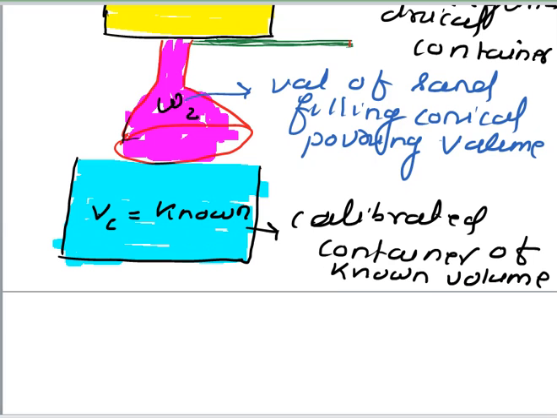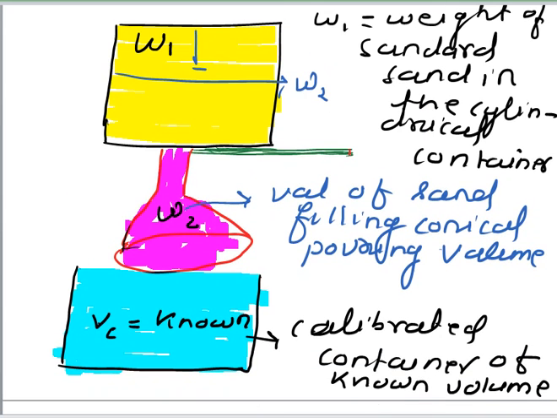So let, after filling the calibrated container, the level of sand which finally remained in the cylindrical portion be W3.